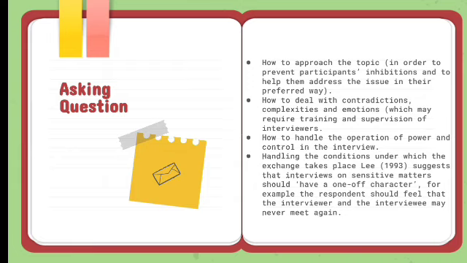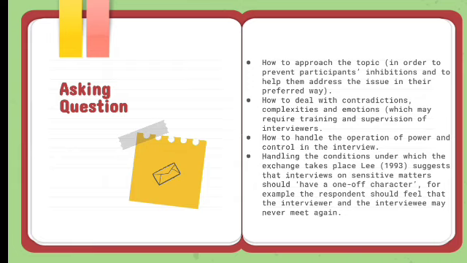Next, how to handle the operation of power and control in the interview. Next, handling the conditions under which the exchange takes place. Lee 1993 suggested interviews on sensitive matters should have a one-off character. For example, the respondent should feel that the interviewer and the interviewee might never meet again.